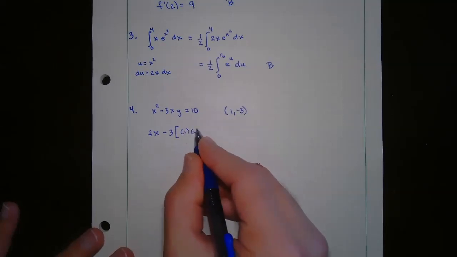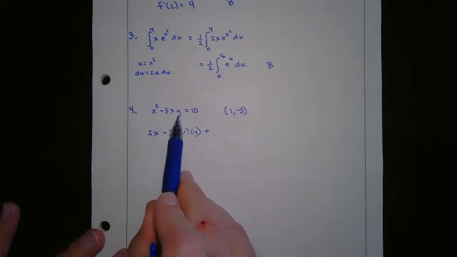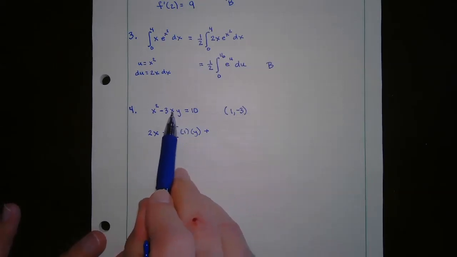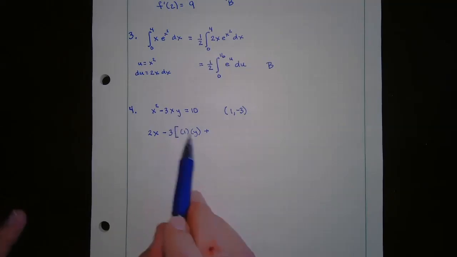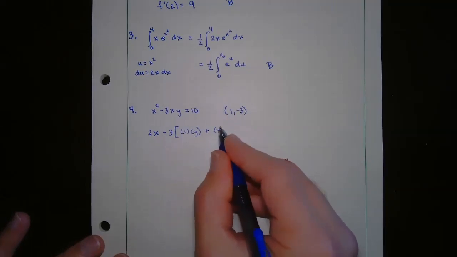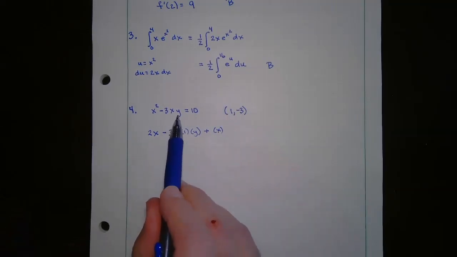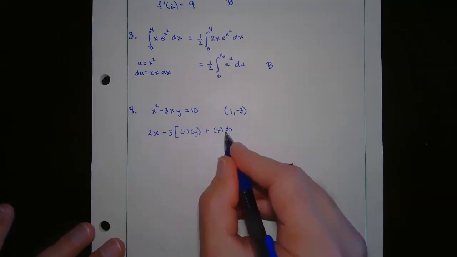Times y, and then plus, okay, now I need the derivative of y, right? So the product rule is the derivative of the first times the second, that's what I have here, and then the first, which is x, times the derivative of y, which is dy over dx, right?